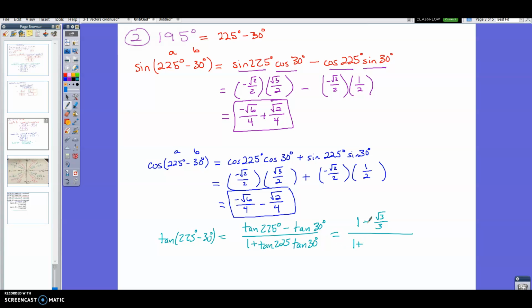The tangent of 225 was 1. We've got to multiply that by the tangent of 30, which was the square root of 3 over 3. So the only thing we really have to do here is to clean this multiplication up. So we have 1 minus the square root of 3 over 3 over 1 plus the square root of 3 over 3. And we don't have to worry about rationalizing.